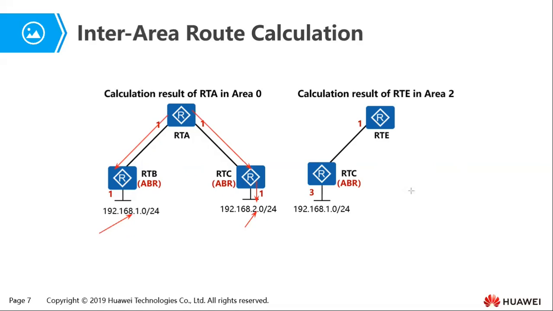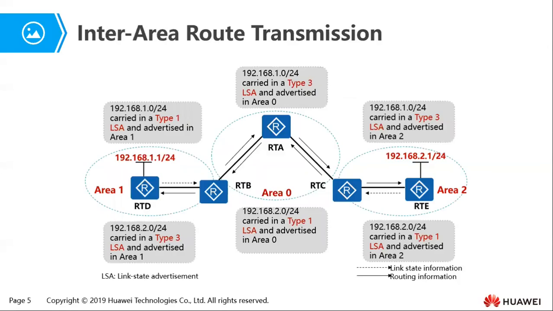So that is how routes are calculated. We can also look at RTE, which is in area 2. RTA was in area 0. So let's have a look again at RTE and where it is in the network. We have RTE here. It is in area 2.